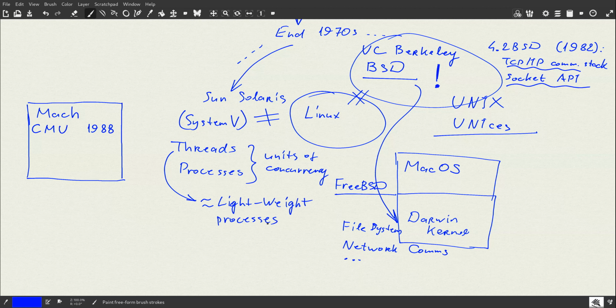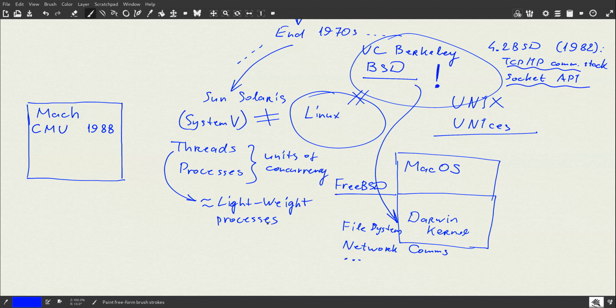What does it mean lightweight? The major difference between threads and processes is that threads are running in the same memory address space. Multiple threads may run in the same memory address space.